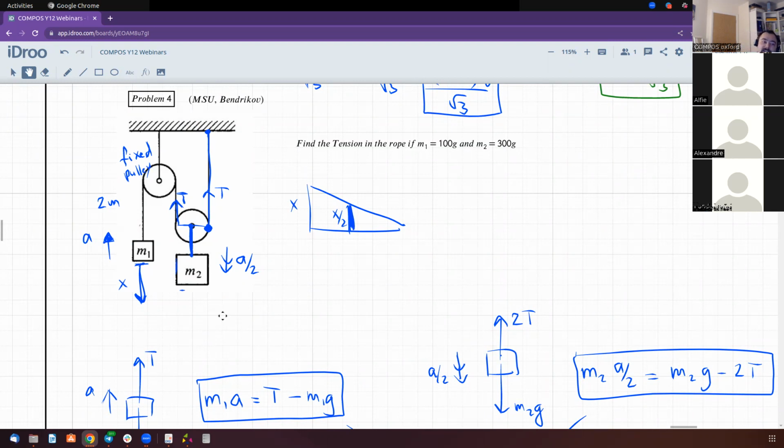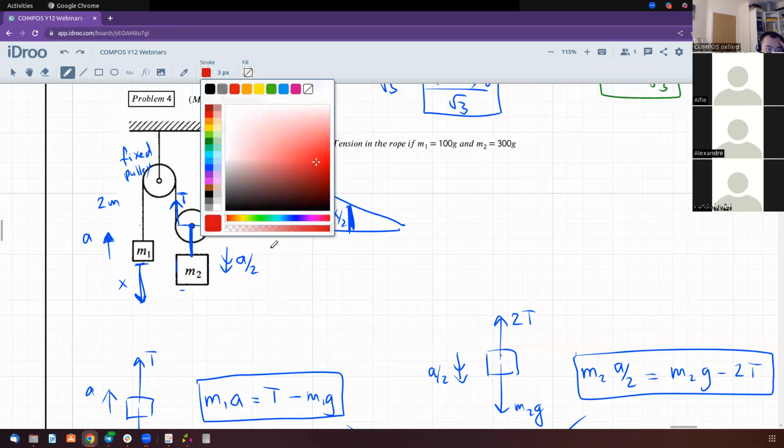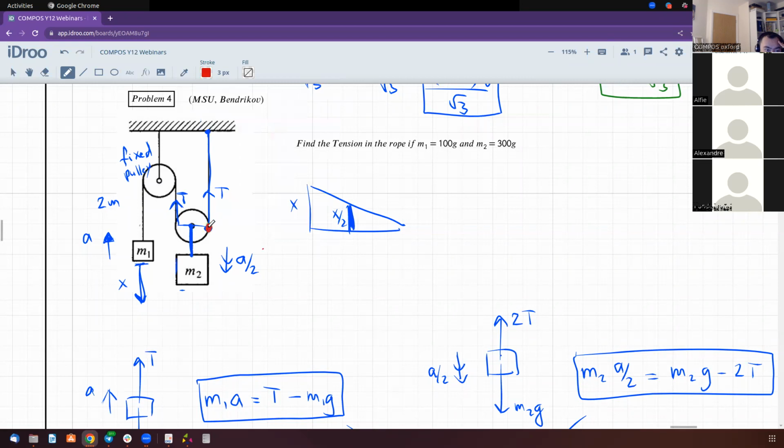Yes, but at any given moment in time, Elliot is asking a very good question. If this pulley is moving, this rope changes its length. That is true. But this point, at any given moment in time, is not moving.